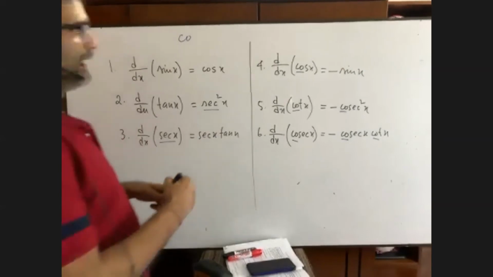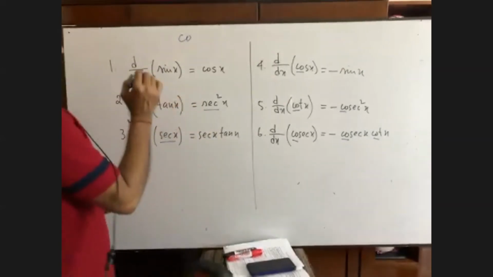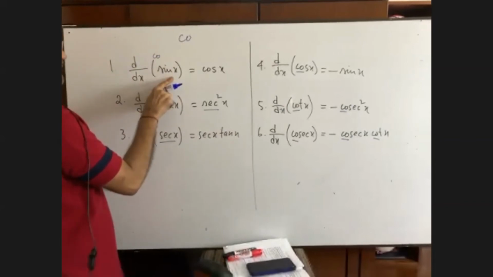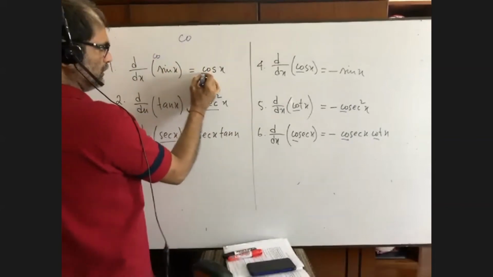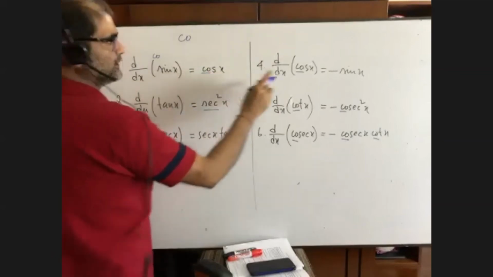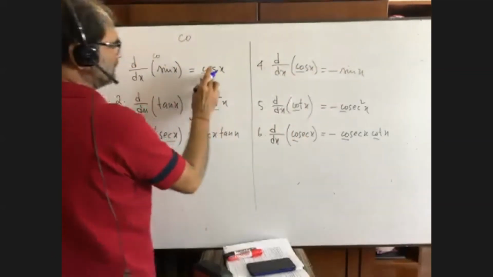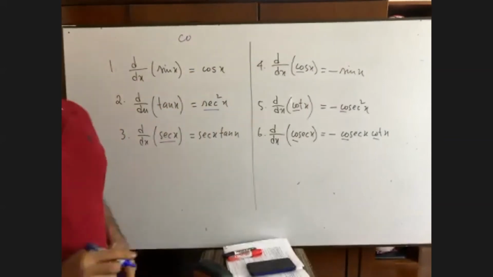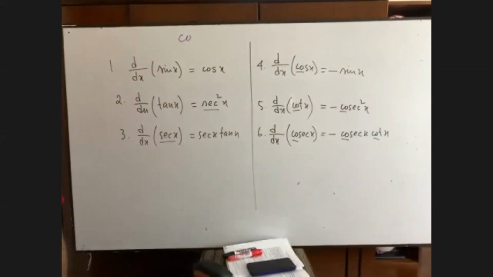Yes, sir. I mean, if you write here co, then what will be cosine? If co is omitted, it will be sine. Cosine, it will be sine. Everywhere in trigonometry, this co-system and co-pattern is really very, very effective.